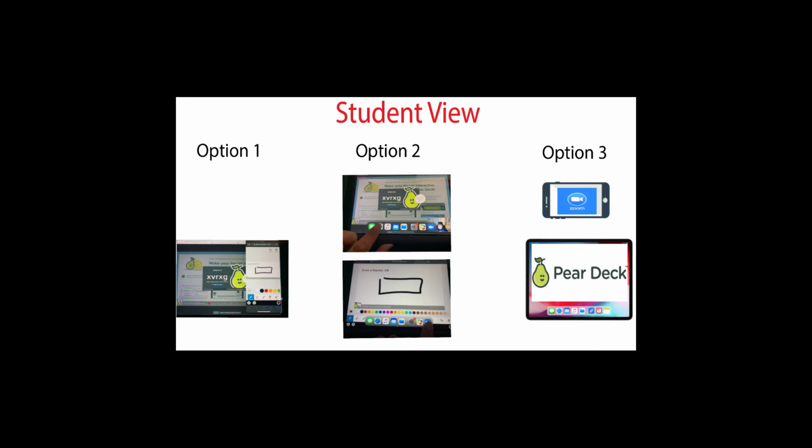So they switch the window. They're on Zoom, then I give them the interactive slide, and they toggle to Safari and do the interactive slide. After about a minute, I pause, I lock it, I tell the students to come back to Zoom, and then we discuss.